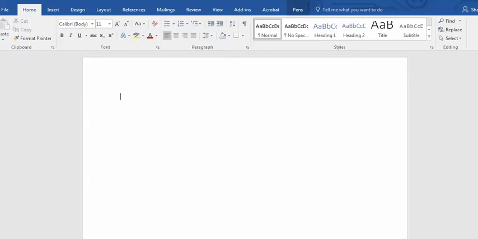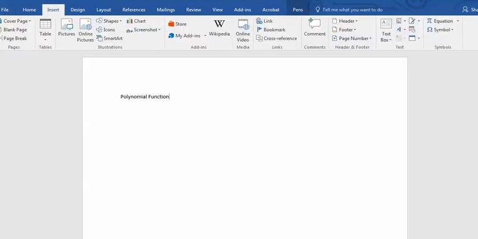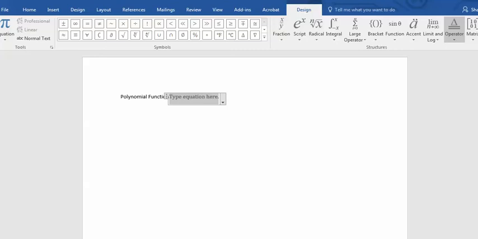The culminating project asks you, this is just going to be a really rough version in Word here. You should try to make yours look good. So here's the polynomial function. If I want to insert an equation, I can just go insert, and click on equation, and type in my polynomial function, f of x equals x squared minus 4.